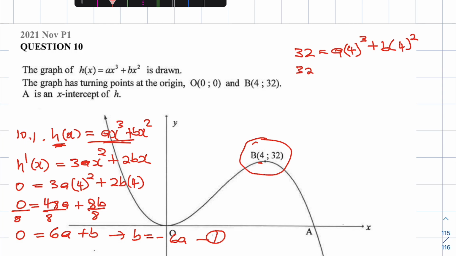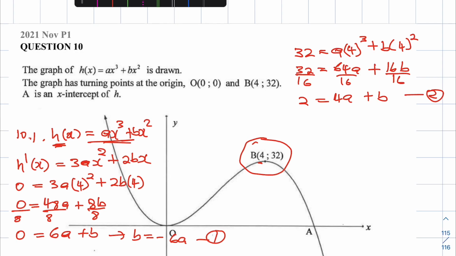So we have 32 is equal to 4 to the power 3 is 64, so that is 64a plus 16b. Simplify it a bit, divide by 16, and then that will be 2 is equal to 64 divided by 16, that is 4a plus b. So that's equation 2.